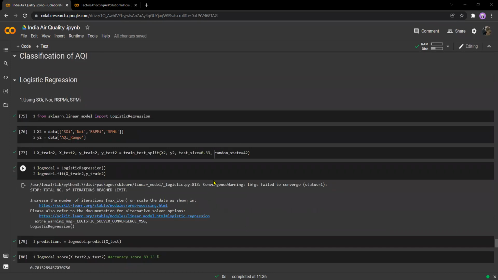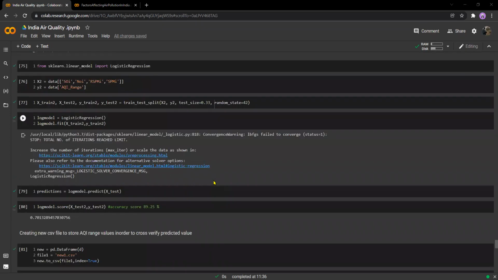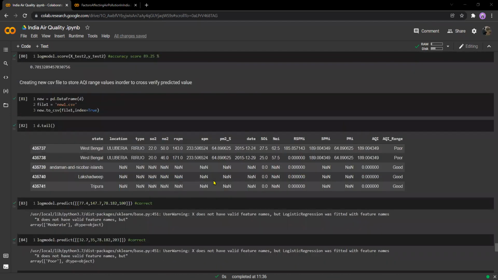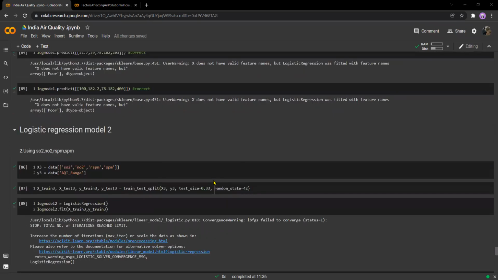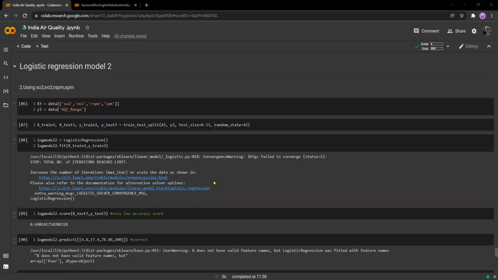Here we have done the R square test and root mean square error for the linear regression. So we can see the values there. Then after this, we considered doing some other classification test, that is logistic regression.